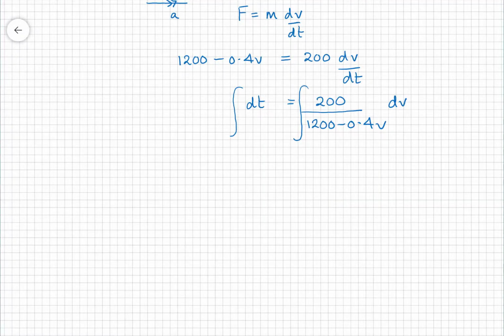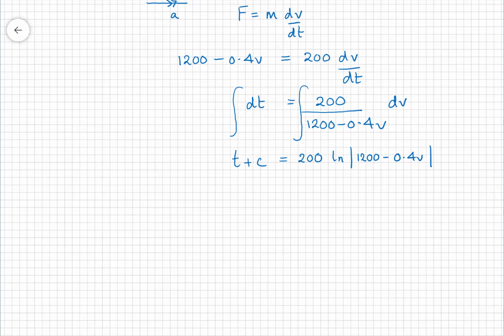Starting with the left-hand side, we would have t plus c. I've put the c, the constant of integration, on the left-hand side because it's the simpler side. And that's going to be equal to 200. And on the bottom, I've got a linear expression in v, so that is going to integrate to the ln of 1200 minus 0.4v.